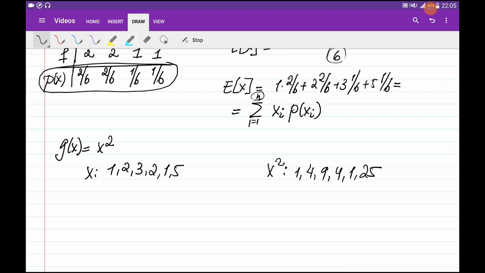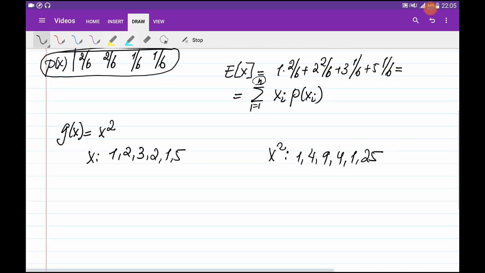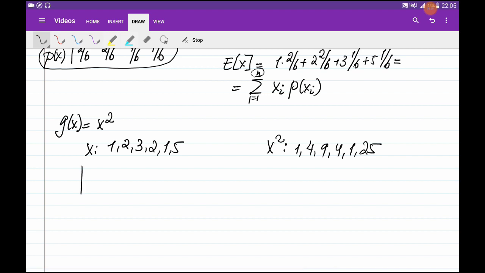And what I want is, I would like to calculate again the expectation. So again, I can make the frequency table for the x squared by putting all the values of this x. So I've got 1, 4, 9, and 25. And I can calculate the probability.